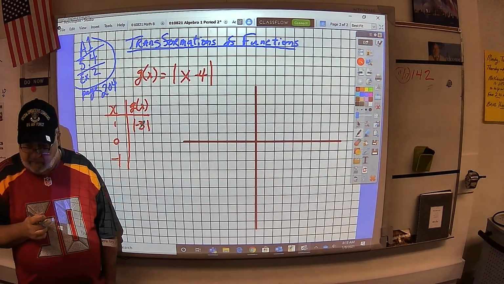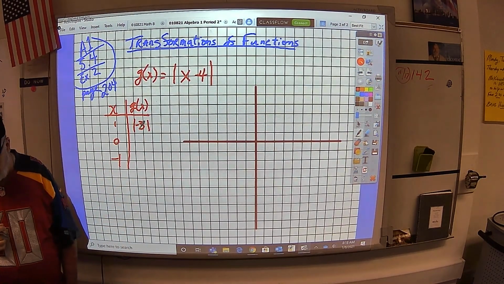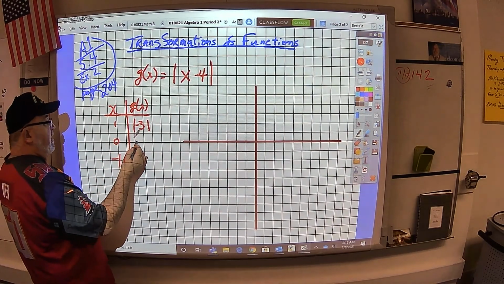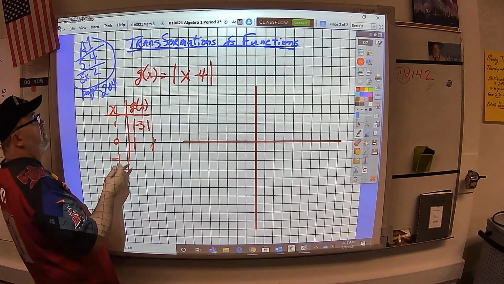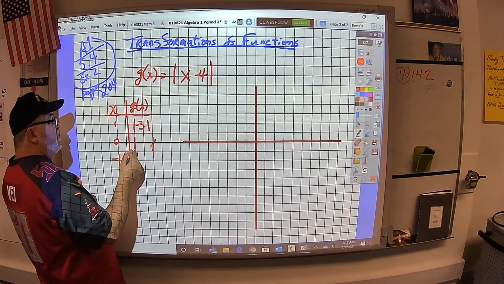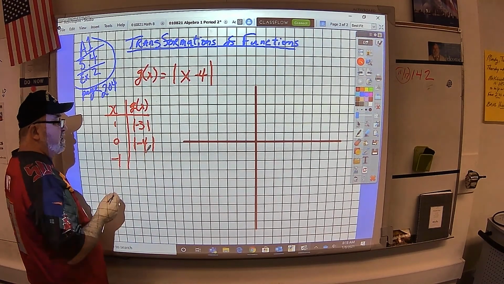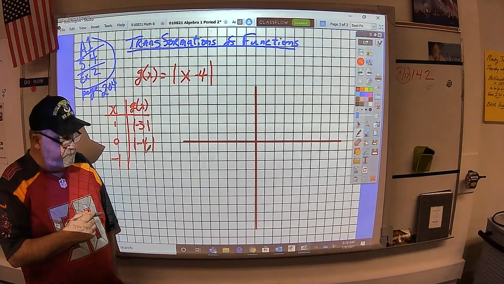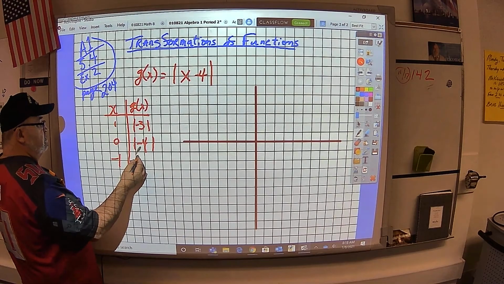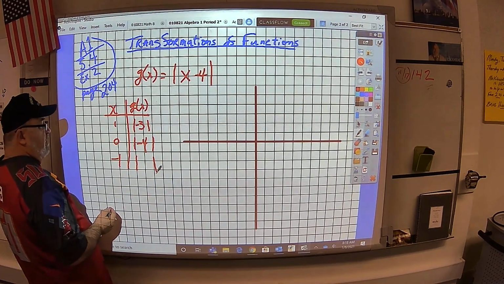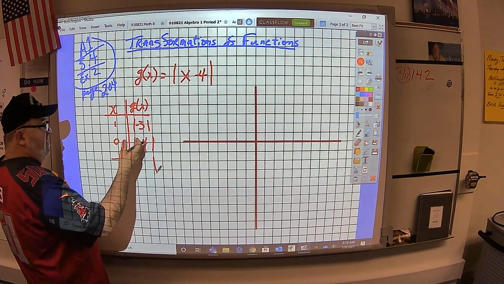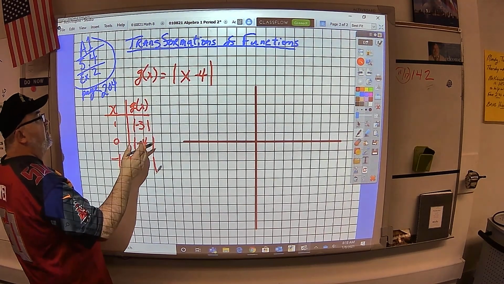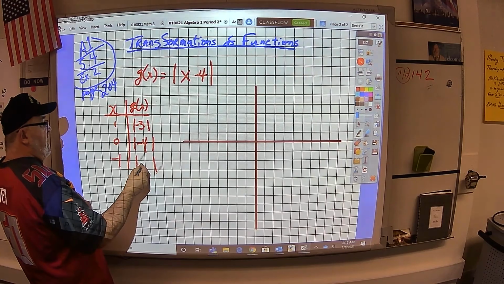The absolute value of minus 3, by the way, you should be able to think this through in your head, is equal to 3. Here, it's x minus 4, so it's negative 4. The absolute value of negative 4 is 4. Negative 1 minus 4, and you can see there's a trend going on here, is negative 5, and the absolute value is 5.